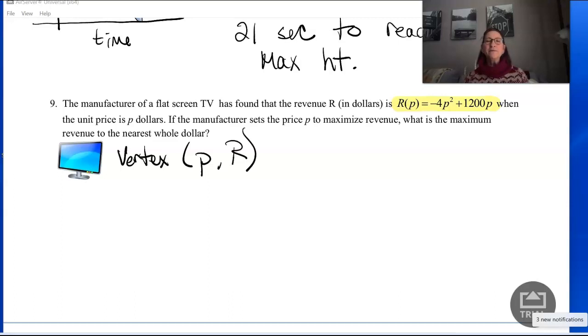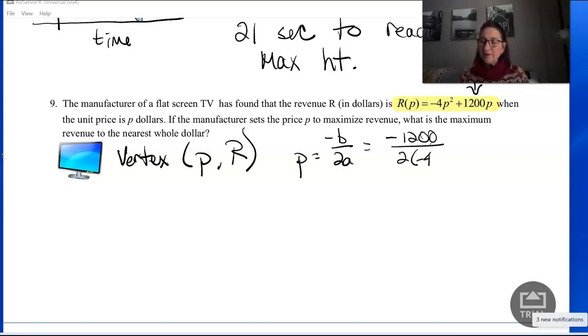And so the first thing we want to do is find that price that we need in order to maximize revenue. So I'm going to use the vertex formula. That's going to be a negative, my b is this 1200. So negative 1200 over 2 times negative 4.